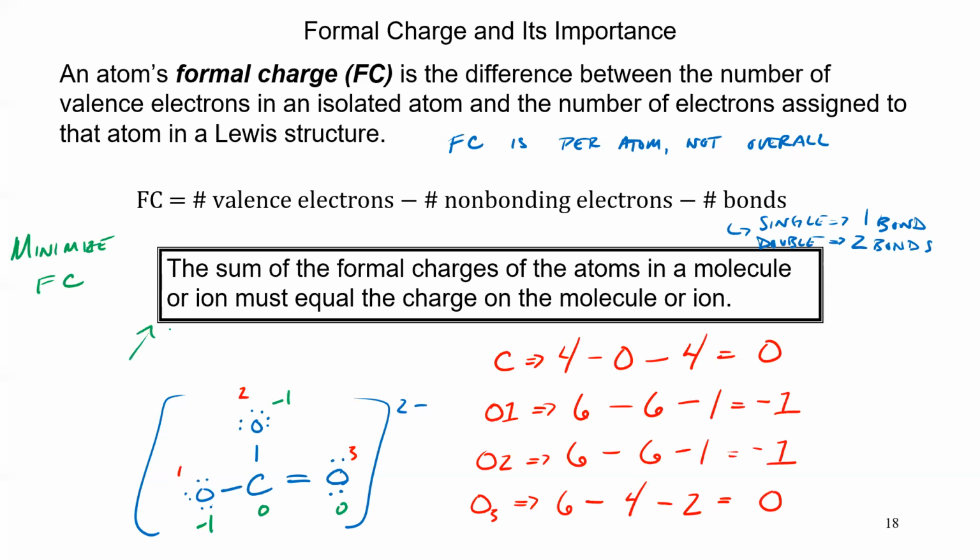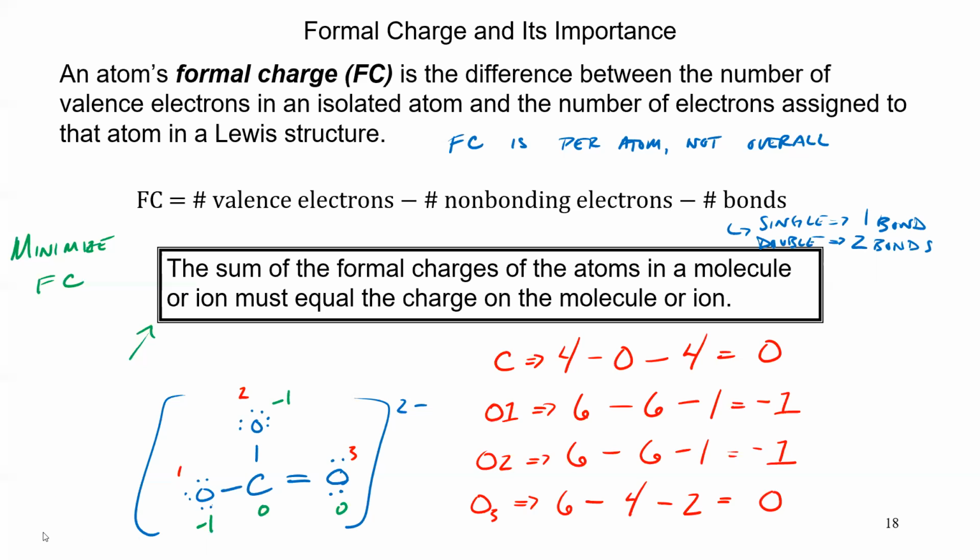The sum of all the formal charges on the atoms within our molecule or ion has to equal the overall charge. So if we're talking about a molecule, they have to add up to 0. Since we're talking about this carbonate ion with a 2- charge, if we add all these up, 0 plus 0 plus -1 plus -1, we get -2. And so the charge of our ion matches the sum of our formal charges. Okay.